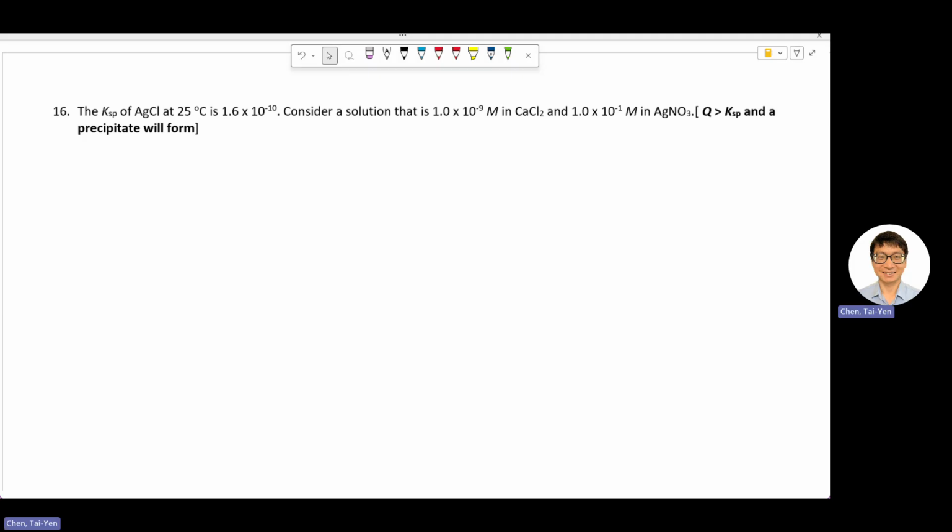It should be 2 times 1.0 times 10^-9. Do you see why I say 2? Because it's CaCl2, so once one CaCl2 dissociates, it's going to produce 2 equivalents of Cl−. Since your concentration of CaCl2 is 1 times 10^-9, then your Cl− will be 2 times that.